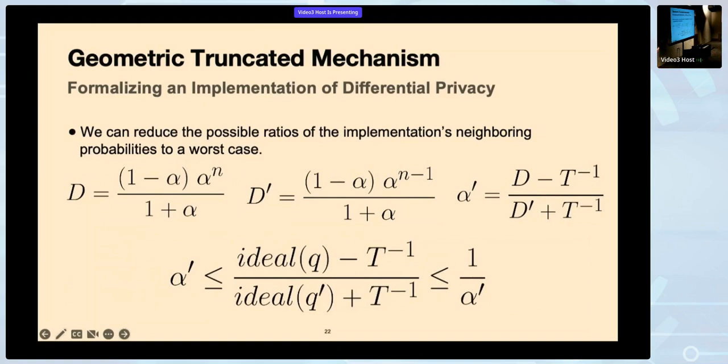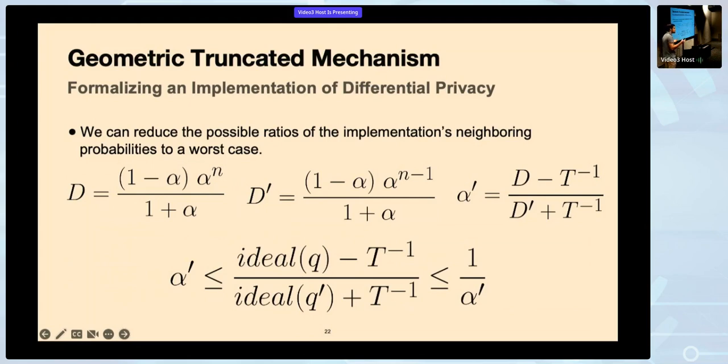If you can imagine that the probability from our implementation of inputting Q and getting some output is a certain thing, then we can express this using the probability from our ideal distribution because of the bound before.